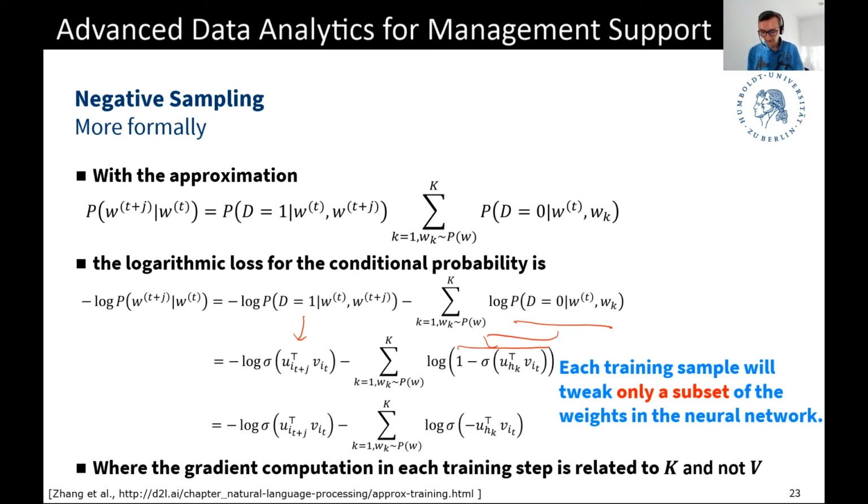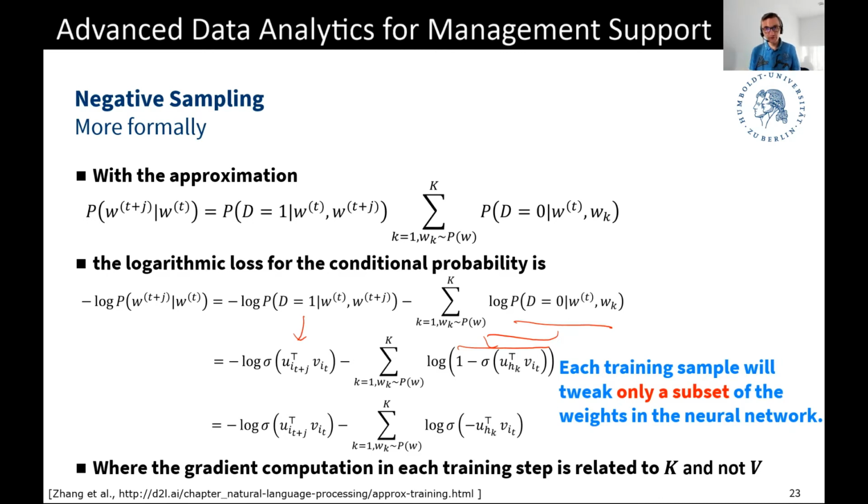And you can get that from the sum. That does not run over the entire vocabulary anymore. Only a bunch of negative samples K, where we can decide how big K is, plus the actual context word.